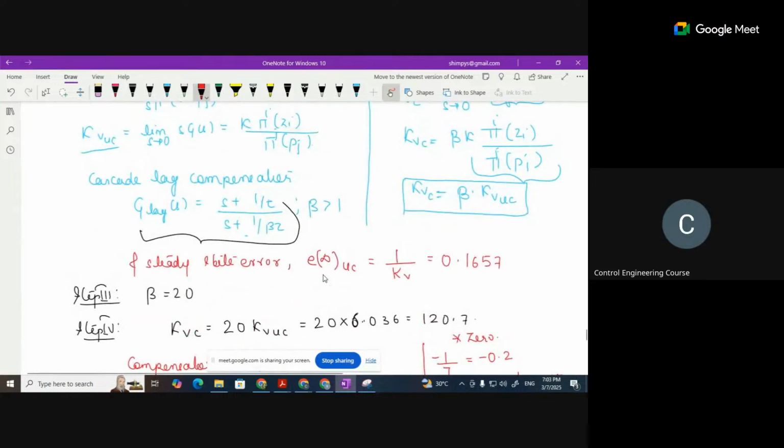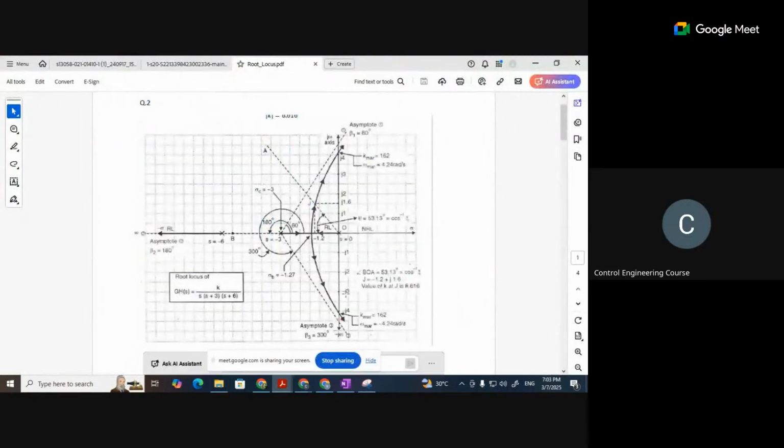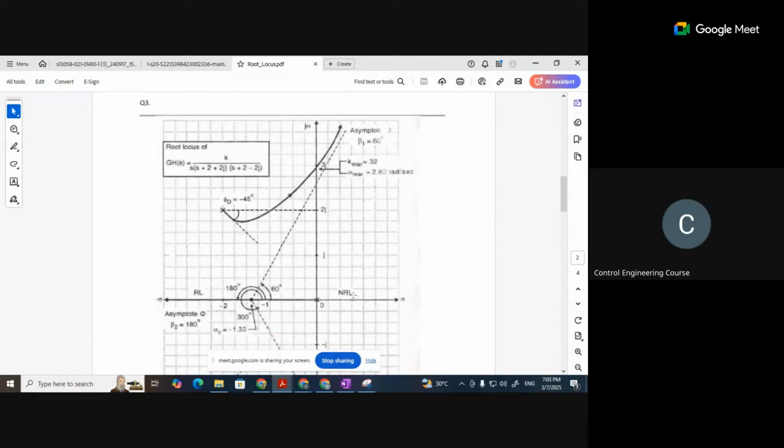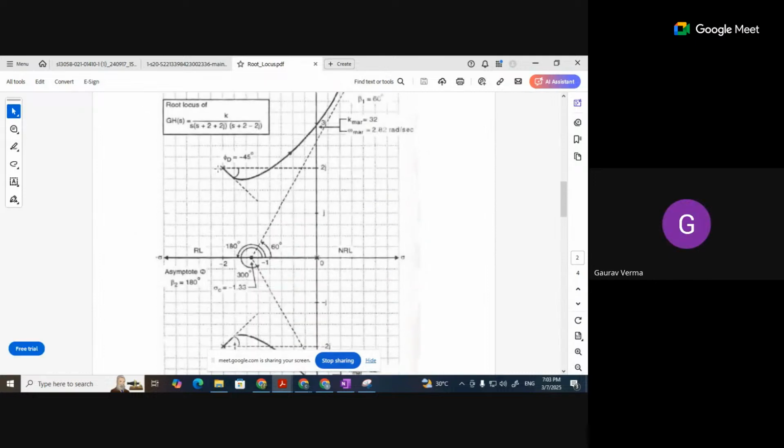So how do you draw that? Just let me show you this once, it will be clear. See, if I have an imaginary pole like this, can you see this? Yes, ma'am.